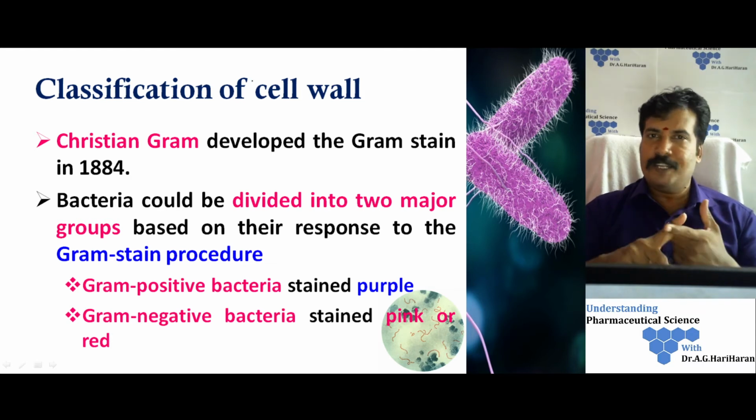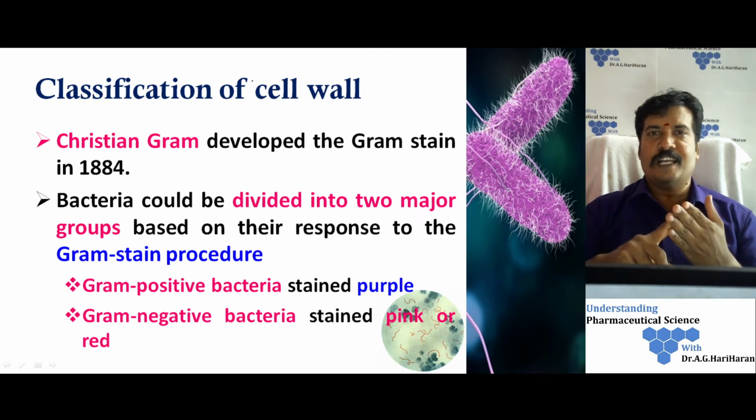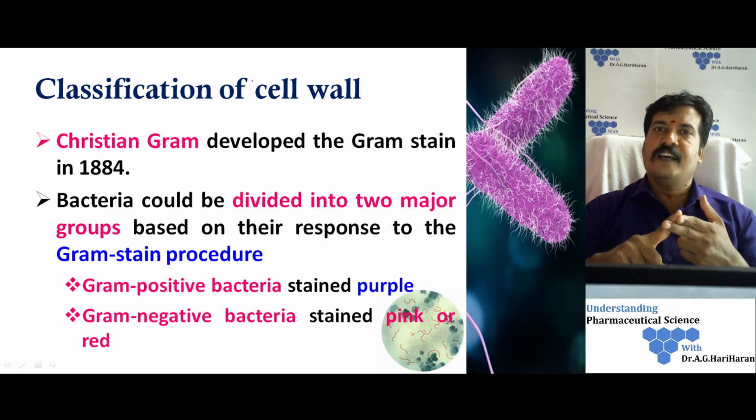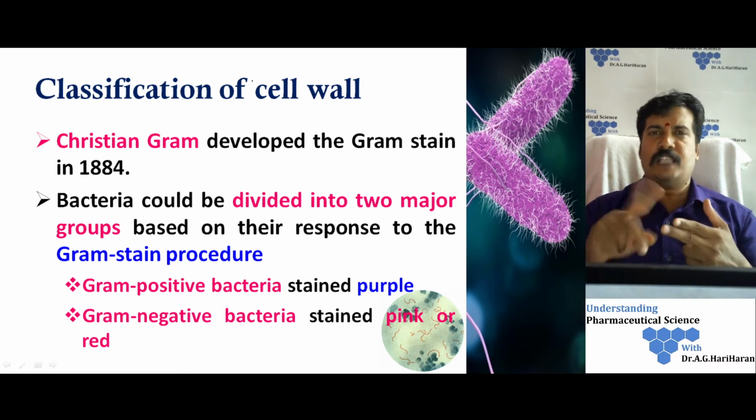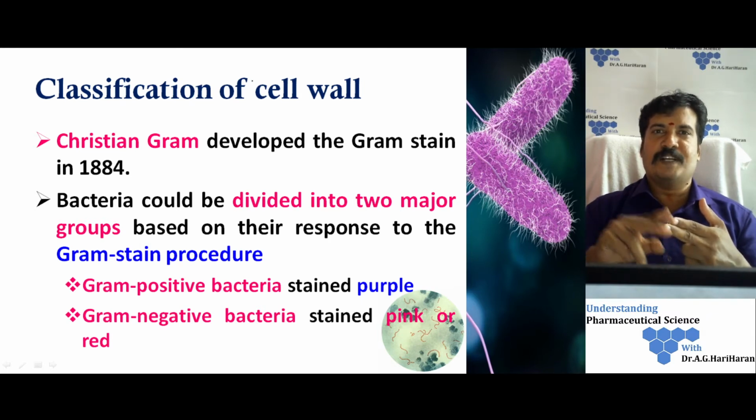One is the primary staining agent, second is the mordant, third is the secondary staining agent, and fourth is the decolorizing agent. The most commonly used primary staining agent is crystal violet, and the counter staining agent is generally safranin, which has a contrasting color. That's why you can see purple as well as pink color, for the positive and negative species respectively.